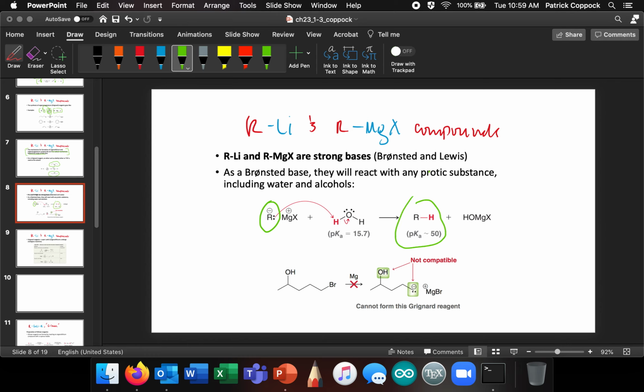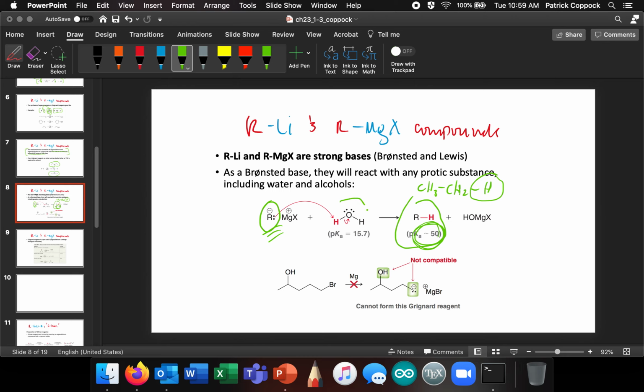Because the pKa of, let's say, ethane is about 50. That means this is not stable at all. Very reactive. So you put this in with anything at all that it can strip a proton off of, and it will.